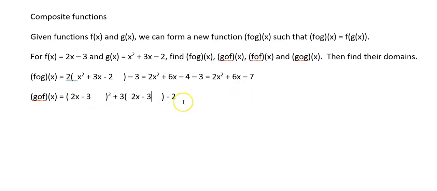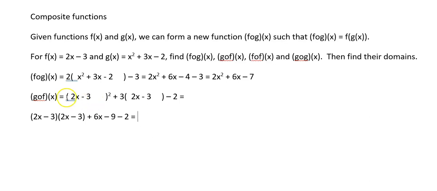Okay, now we just want to clean this thing up. So let's just write out what 2x minus 3 squared means. It means we're going to multiply it twice by itself. We can go ahead and distribute the 3, so that'll be 6x minus 9. I'll still have minus 2.